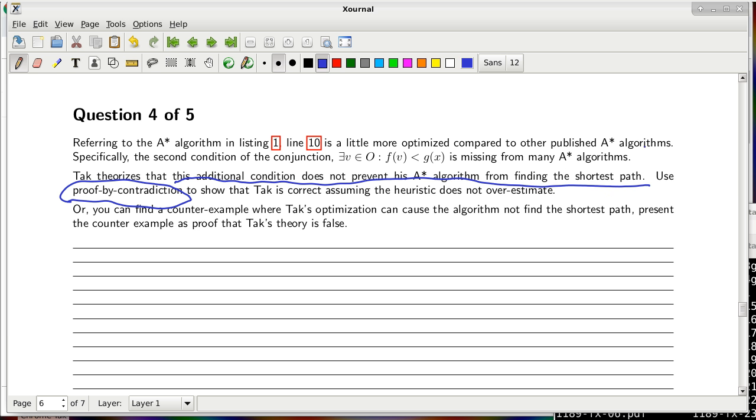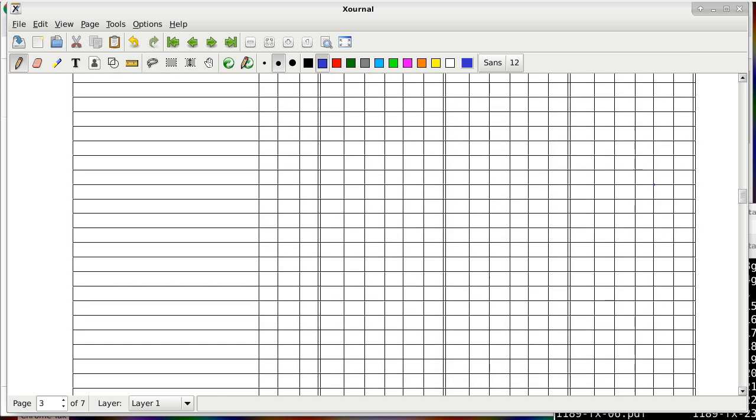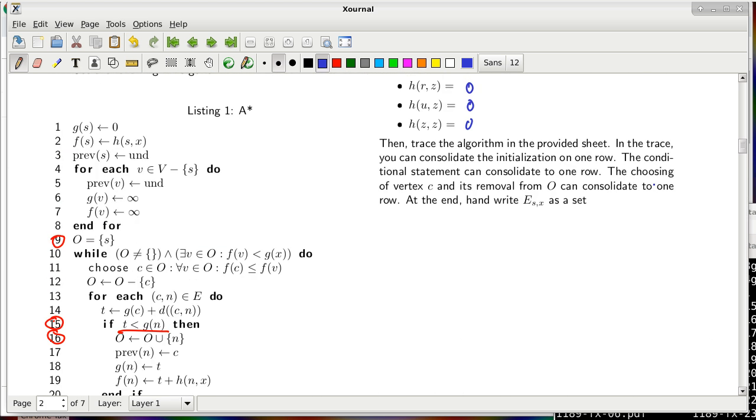Okay. So now we have to go back to the algorithm and identify the key part. What is the point that we want to make? We are basically saying that if this is false and there is a shortest path that we have not explored, that is not possible.